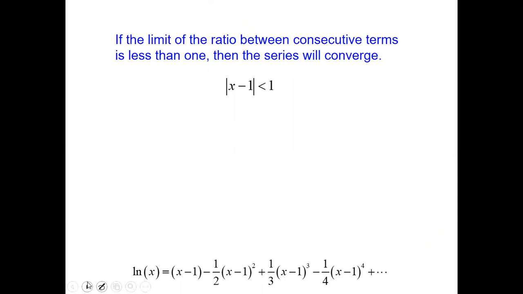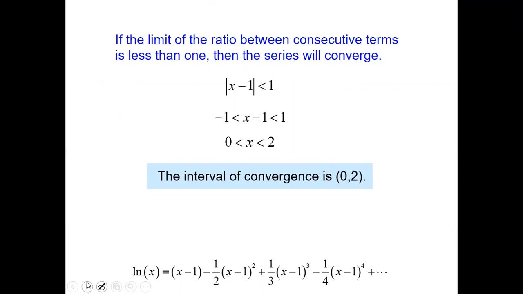If this looks familiar, this is the first thing we talked about at the beginning. So I'm going to break this apart and simplify it, add 1 to both sides of this inequality, or separate the inequalities into 2 inequalities. And so my interval of convergence is between 0 and 2 with a radius of convergence of 1.